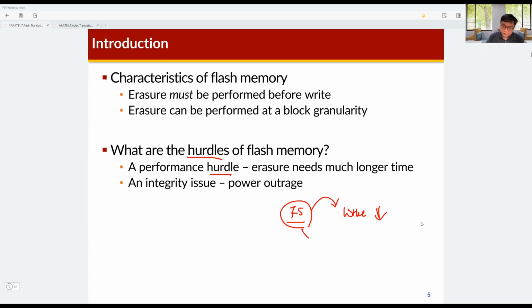For this reason, the file system developed the log structured file system. The log structured file system means that when a write is performed by the operating system, we just write the updates, which is called the log, and this log is written to the storage device.